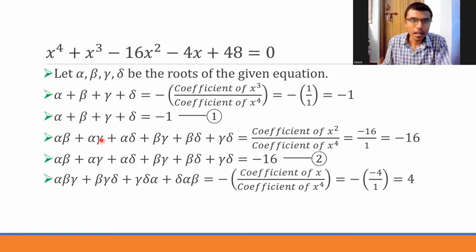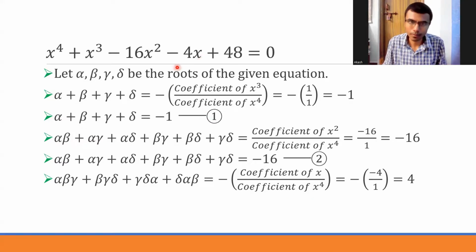Next, I'm going to take the product of the roots taken 3 at a time. See how I'm pronouncing and how I'm going to write, otherwise you might miss something. There will be 4 in total. Let's go in cyclic order here: alpha beta gamma plus beta gamma delta plus gamma delta alpha, and again coming back to the beginning, plus delta alpha beta, is equal to minus coefficient of x divided by coefficient of x power 4.